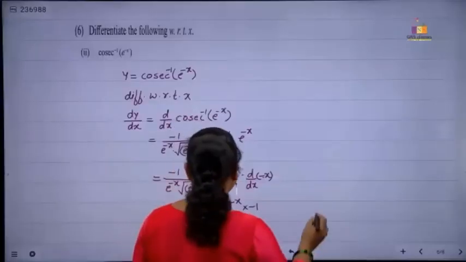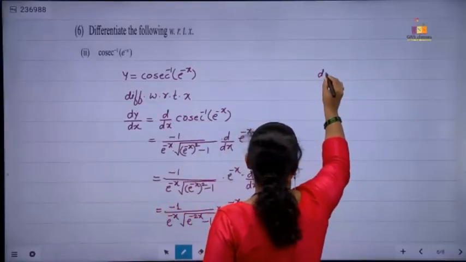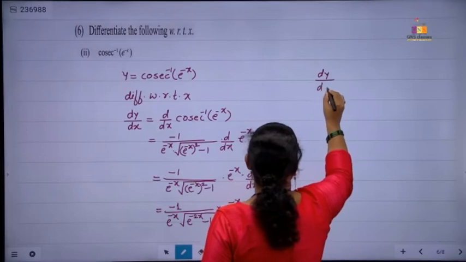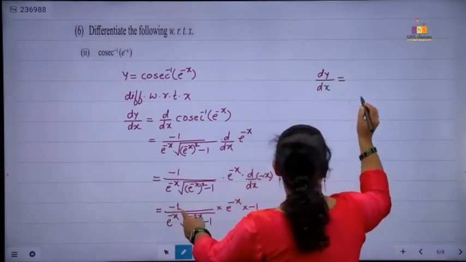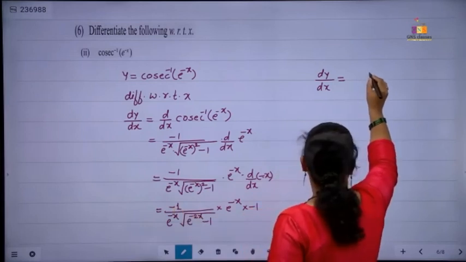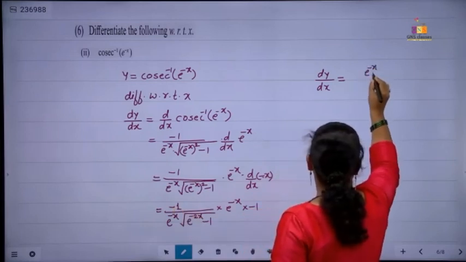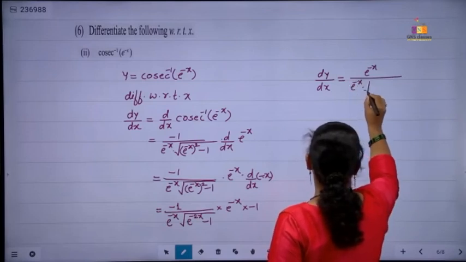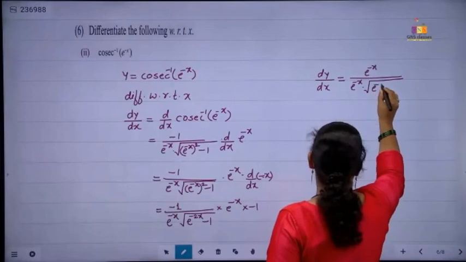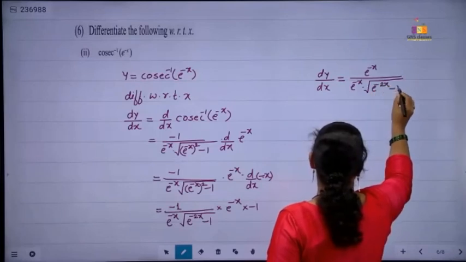So final answer dy by dx is equal to minus into minus plus, e raised to minus x upon e raised to minus x into root of e raised to minus 2x minus 1.